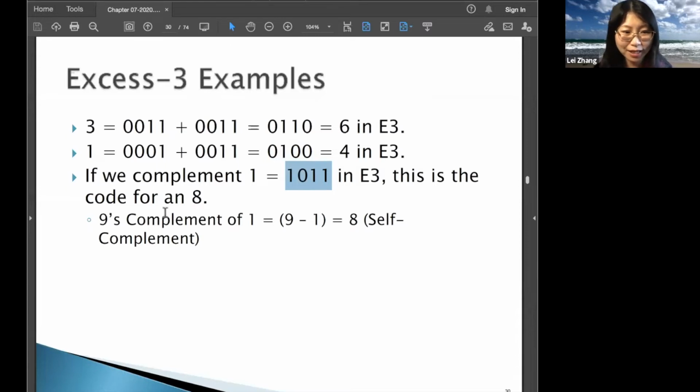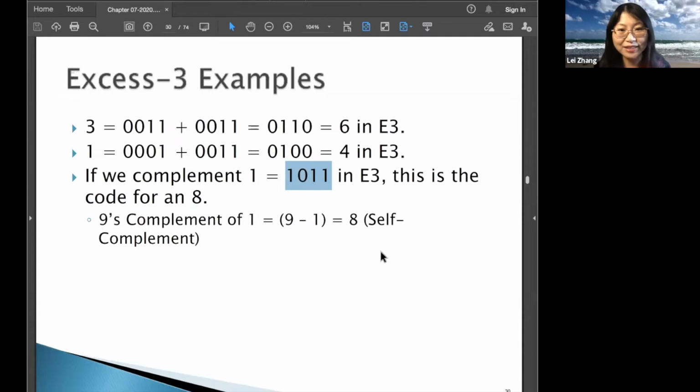Why? Because the 8 value in E3 is 1, 0, 1, 1. I want to do the conversion. So 9's complement means 1 equals 9 minus 1 equals 8. So that's self complement here.